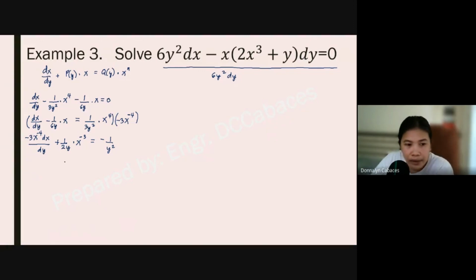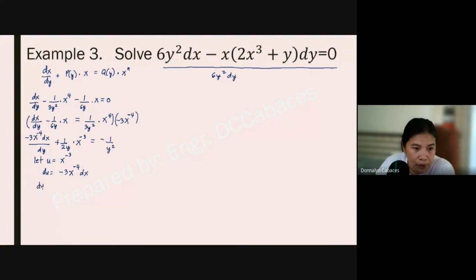And therefore, we introduce now u to be equal to x to the negative 3. What is our du? Negative 3 x to the negative 4 dx, which is this part of the first term.